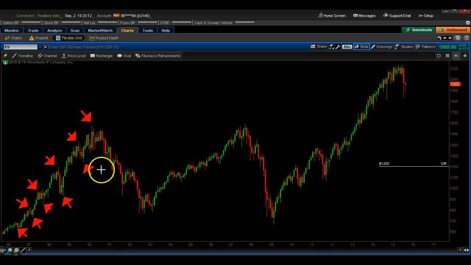Okay? But then look at this. We've now made a lower low based off of this past low, right? And at the same time, we've been making a lower high than this high, right? So as price pulls back, we go back up.